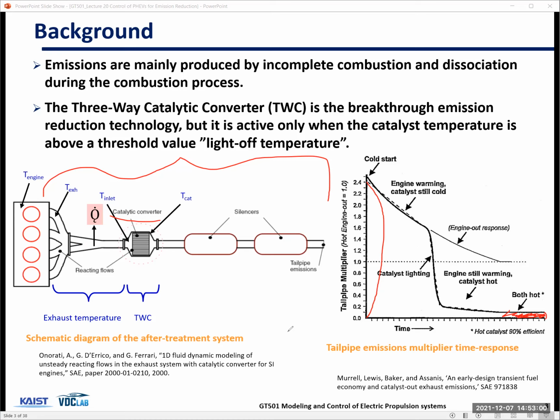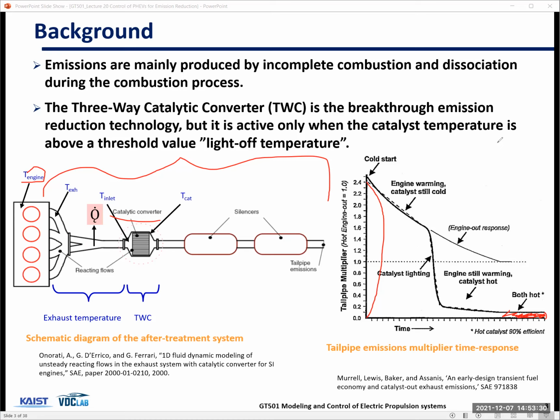Can I ask a question? Why do engine out emissions decrease exponentially with temperature increase? So in the morning, everything is cold, right? It's called soaked, everything is the same temperature as the environment.